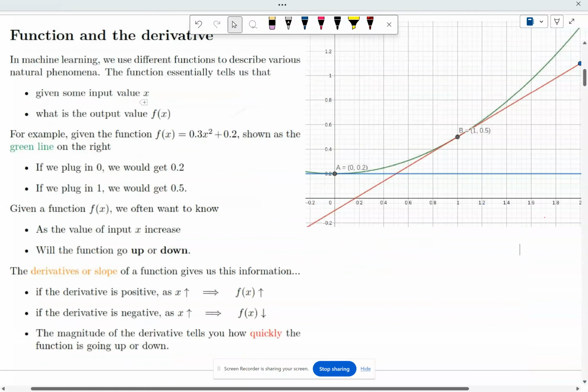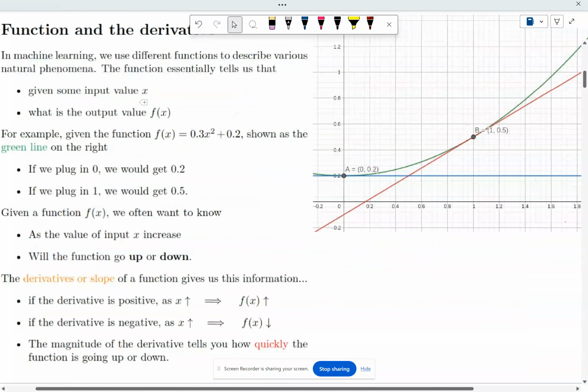Here's an example of a very, very simple function, where you put some x in and you get some output. This function can be shown as a green line here. If you put 0 in, you get 0.2.